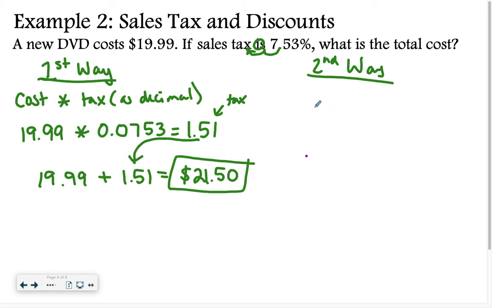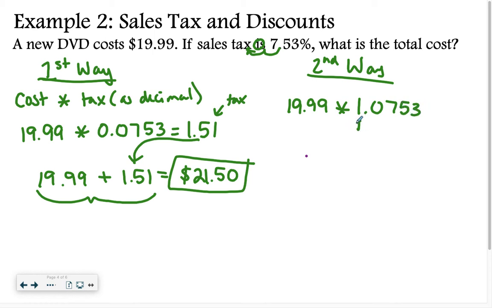The second way, which is shorter, is you take the cost of the item, and then in order to skip this step, what you do is you multiply by 1 point and then whatever the tax is, so 1.0753.